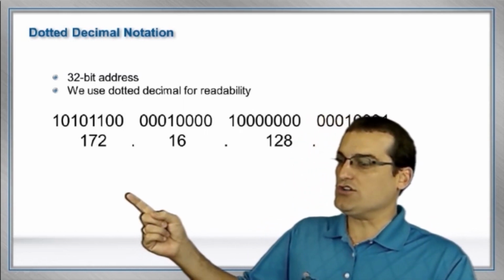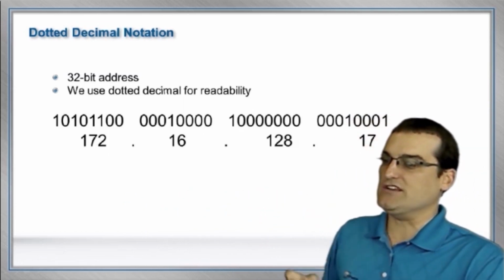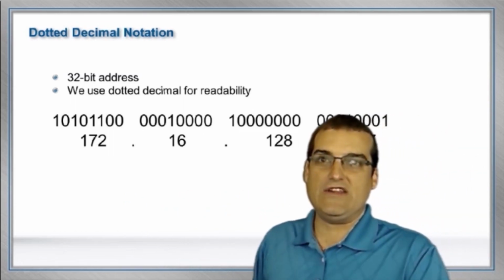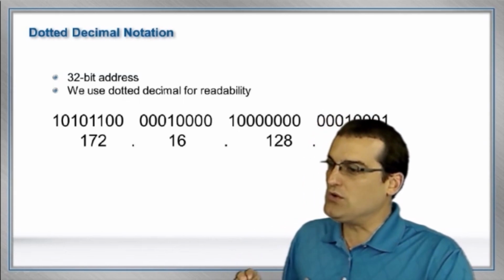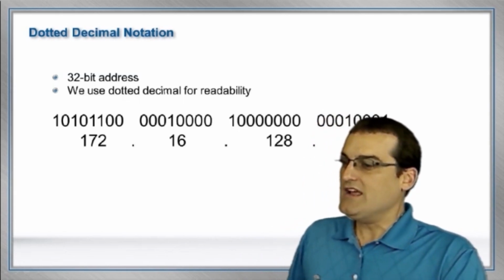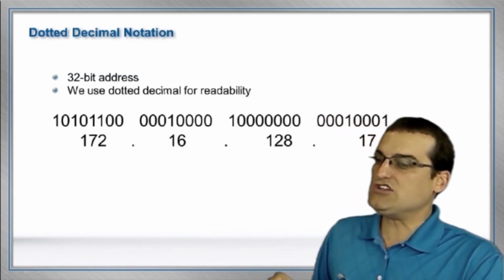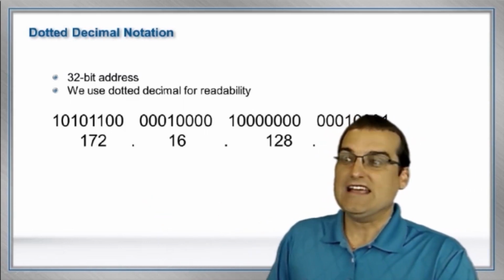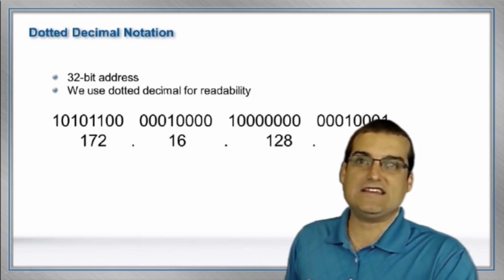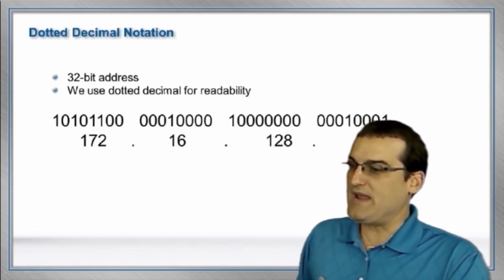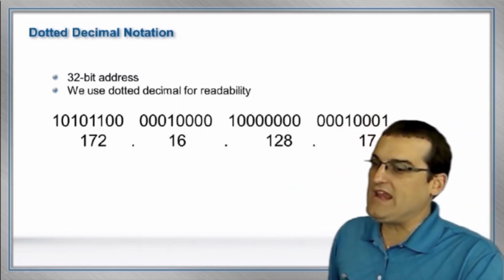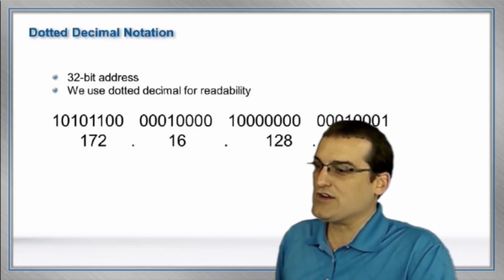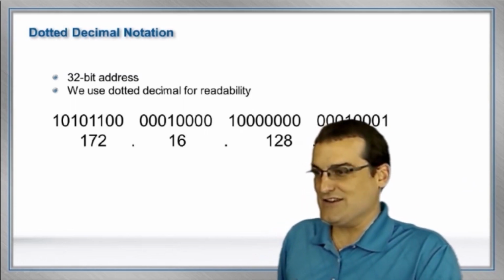We use what is called dotted decimal notation to represent the IPv4 address. But the computer doesn't see it this way. The computer sees 32 bits. In fact, the computer doesn't even break them into octets. It just sees them as one continuous string. So it's pretty amazing, the difference between how we see the address and how the computer sees the address.